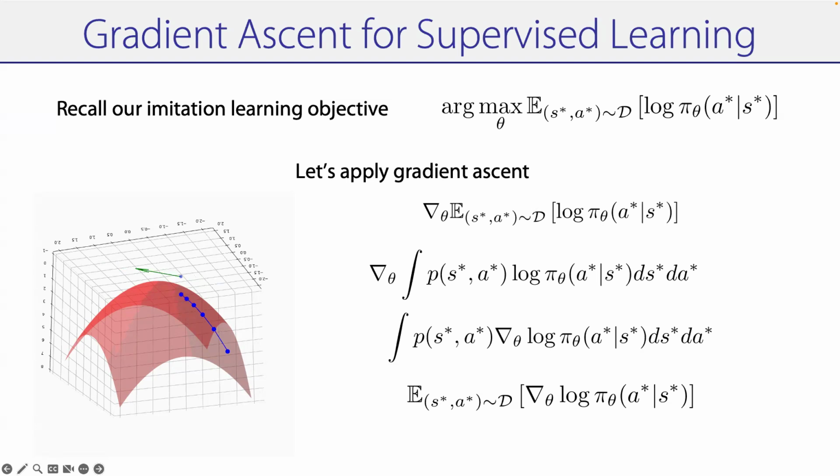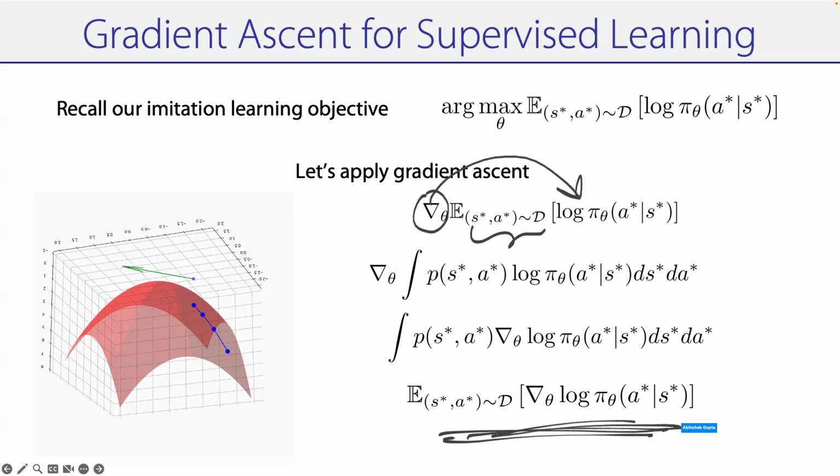Okay, so the important thing to convey here is, one, when the probability distribution doesn't depend on theta, you can put the gradient in. And the second thing is you always want to write your gradient as an expectation so I can compute it with samples. Because when I have this, I can use a Monte Carlo approximation: I draw n samples from 1 to n, compute grad log pi theta of a_i given s_i and average them, right?